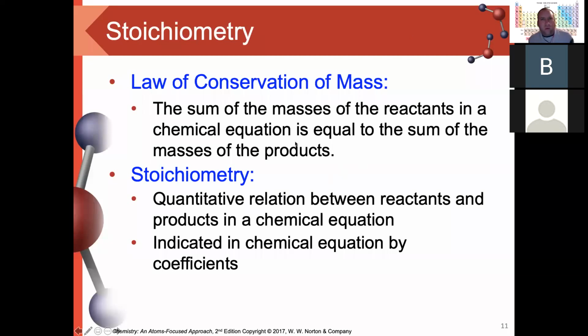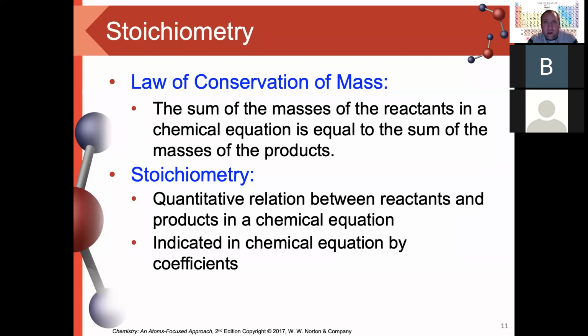All right, so in this part now, we're talking about stoichiometry. And with stoichiometry, we're really moving into the quantitative aspect. Stoichiometry is based upon the law of conservation of mass. The law of conservation of mass says that the sum of the masses on the reactant side has to equal the sum of the masses on the product side.